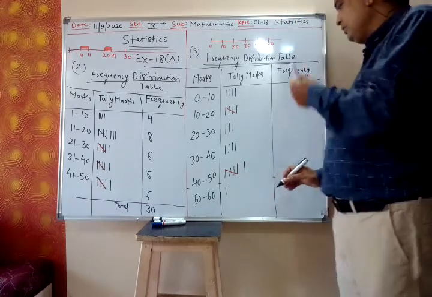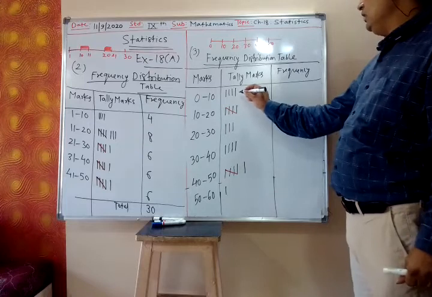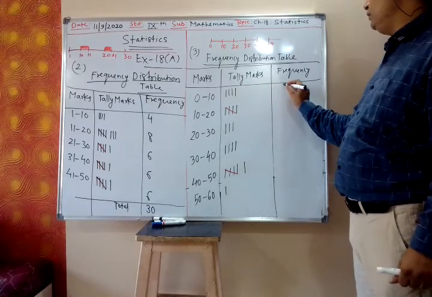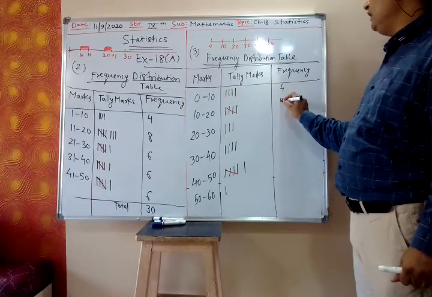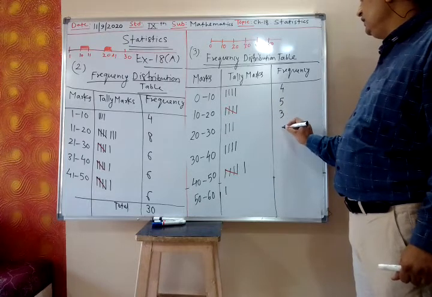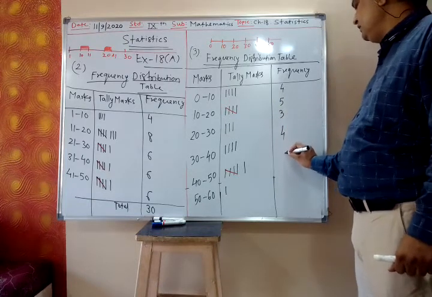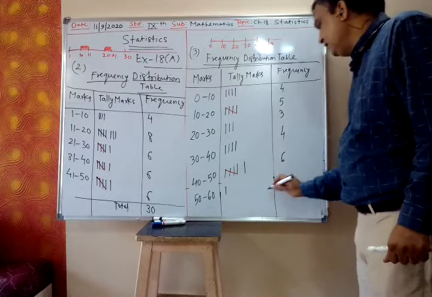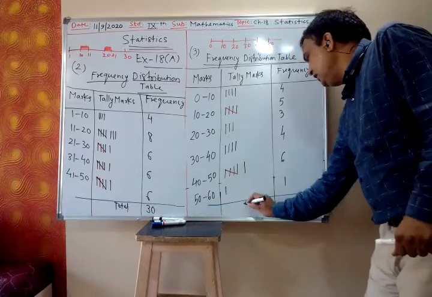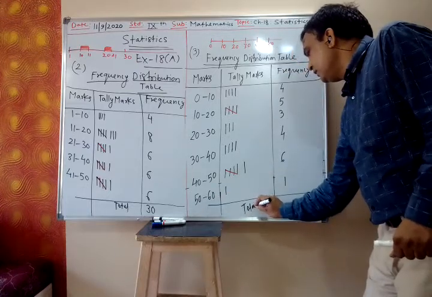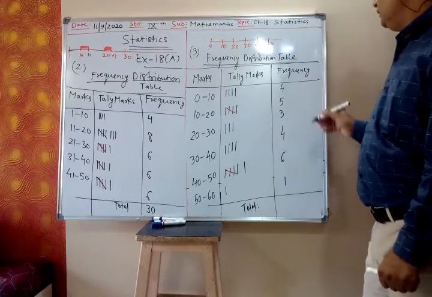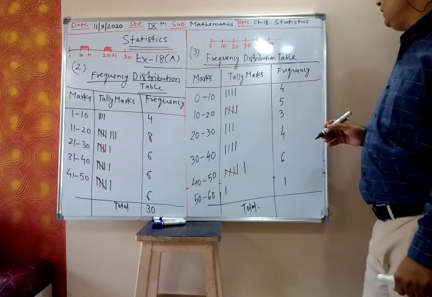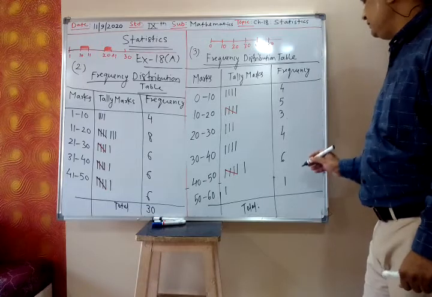So now let us count. This is 4, this is 5, this is 3, this is 4, this is 6, and this is 1. See the total. 5 plus 4, 9 plus 3, 12 plus 4, 16 plus 6.